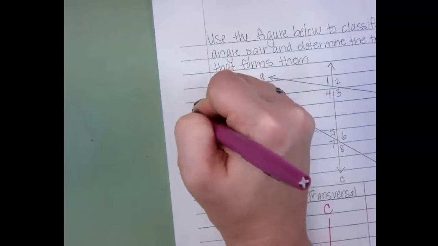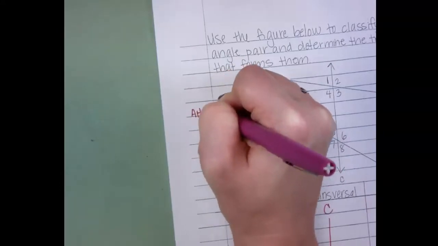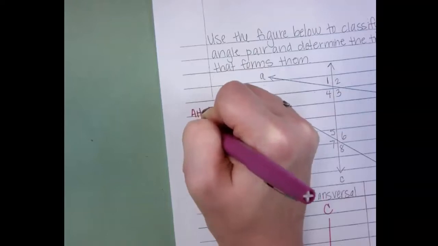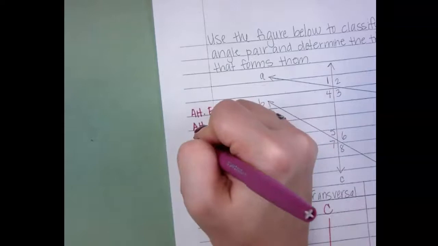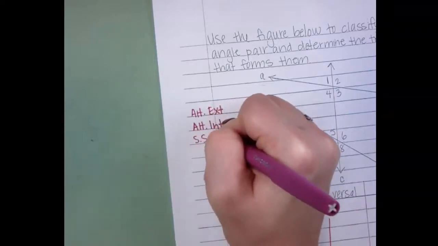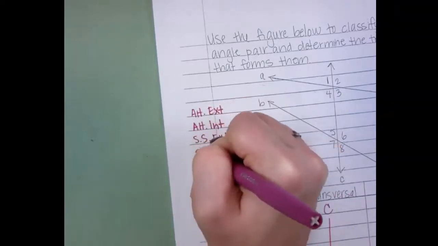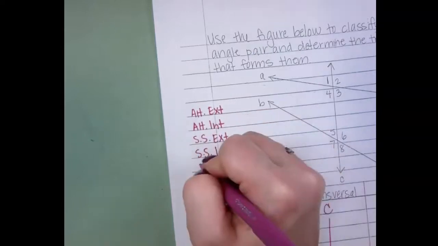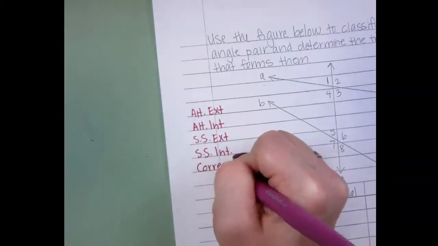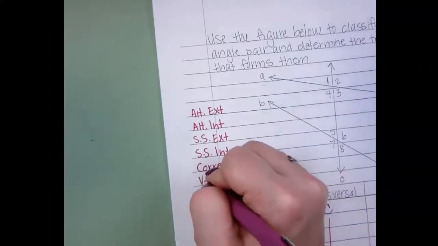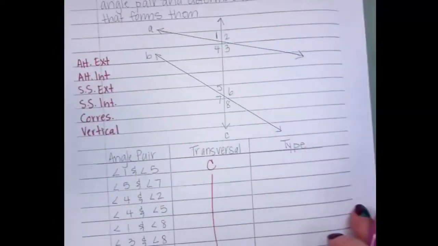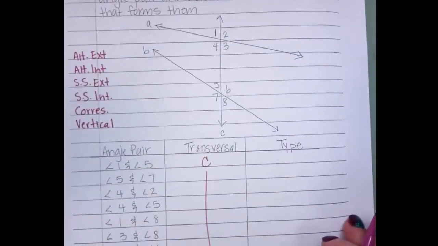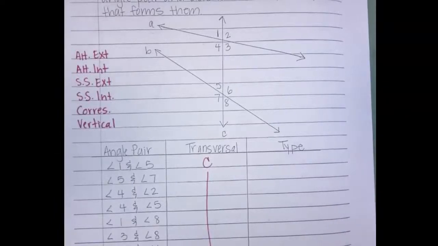We have alternate exterior, alternate interior, same side exterior, same side interior, corresponding, and vertical. That is still a thing, so don't forget that. Those are our 6 options that we might be able to use when we are finding our angle pairs.